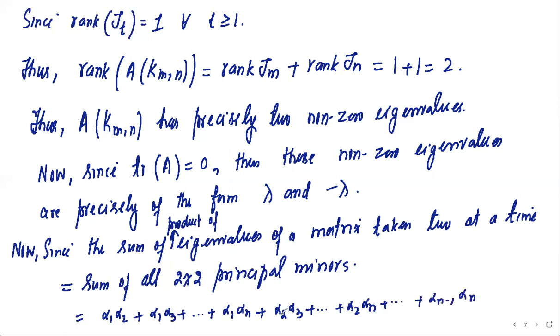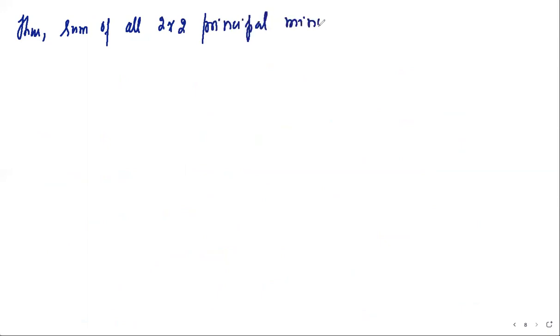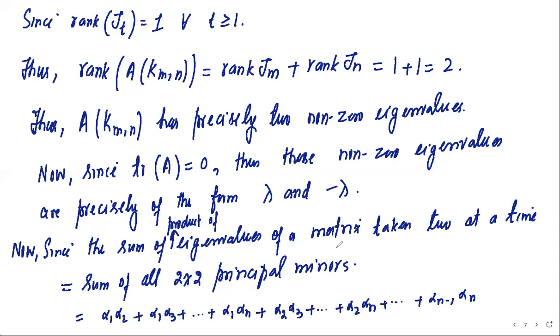This sum is equal to the sum of all 2 cross 2 principal minors. Thus, the sum of all 2 cross 2 principal minors is equal to the sum of products of eigenvalues taken 2 at a time.